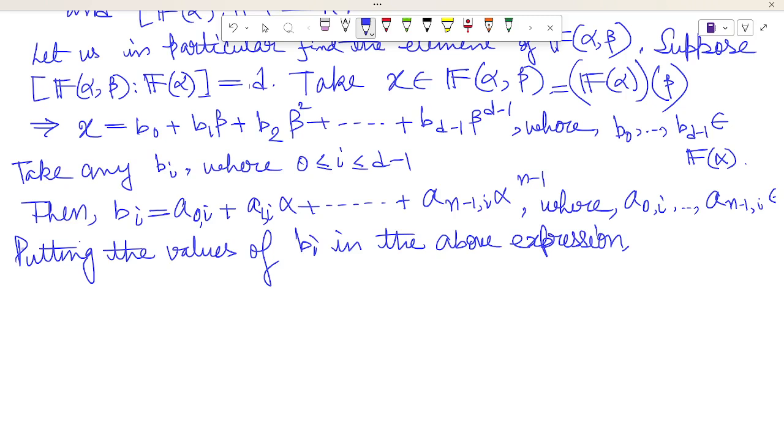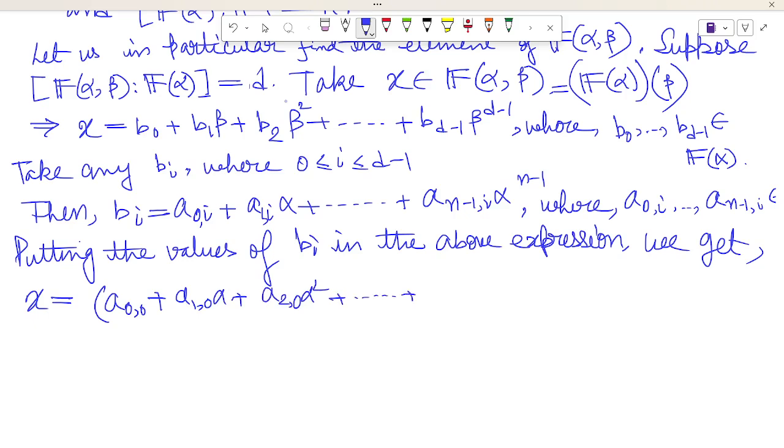We would get x equal to, b0 means a0,0 plus a1,0 alpha plus a2,0 alpha squared plus up to a n minus 1,0 alpha to the n minus 1.